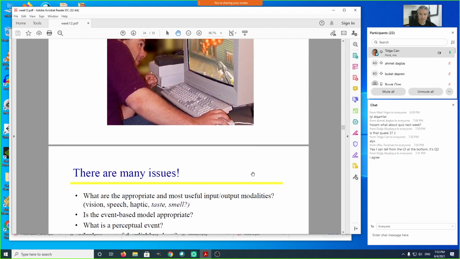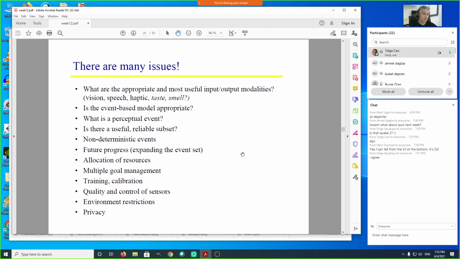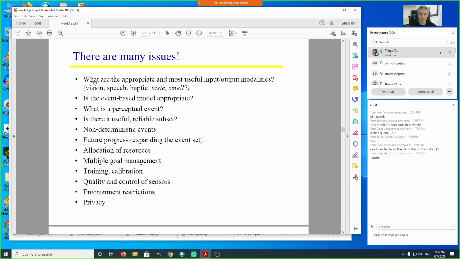If you have read or watched, for example, the book Ready Player One, the movie was not as good as the book. There, in terms of the perceptual interface or virtual reality type of interfaces, there are lots of things that could be done that will make you feel that you're present in that situation. So there are lots of research issues.